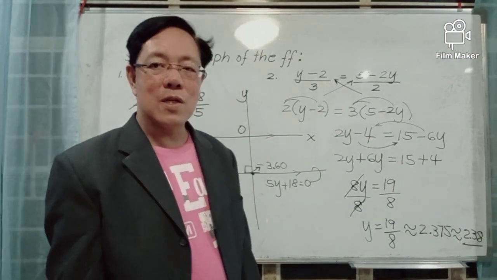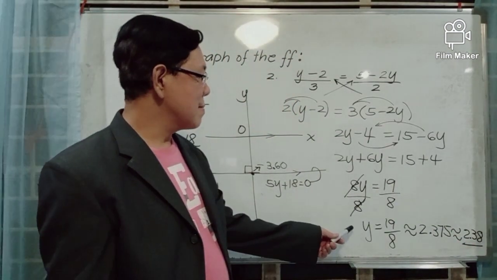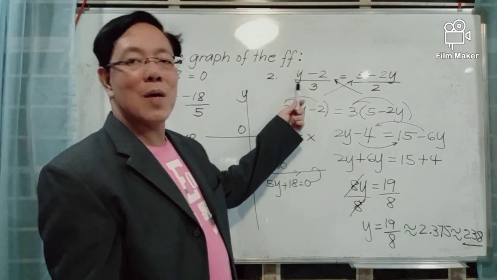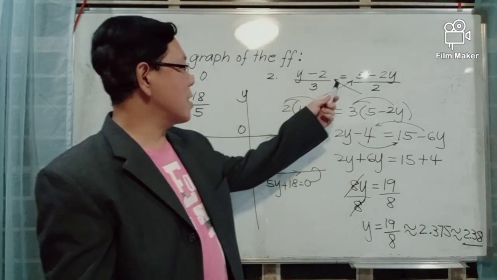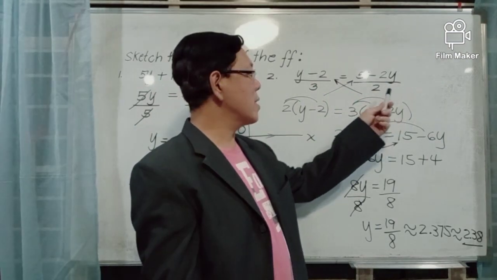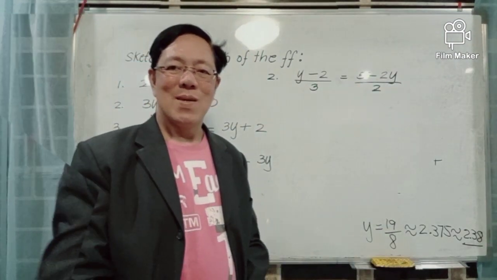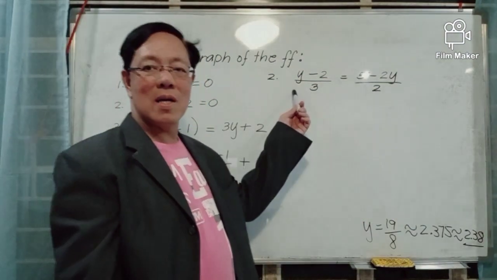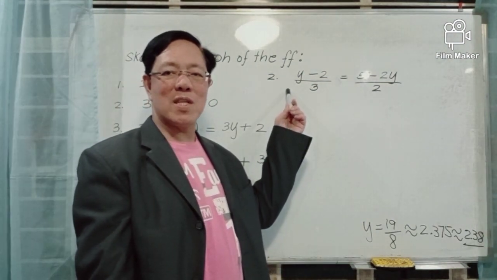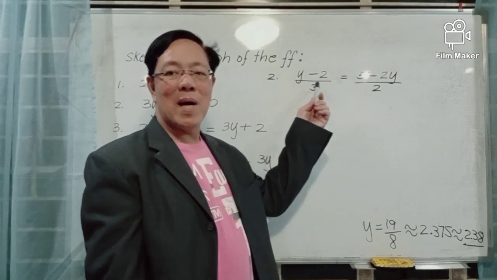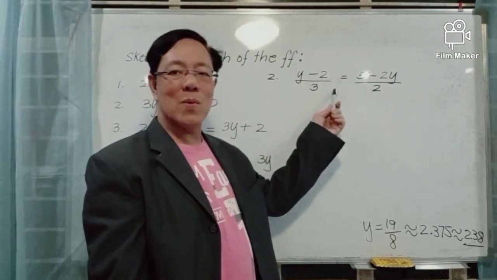Now we will sketch the graph of this linear equation. Y minus 2 over 3 equals 5 minus 2y over 2. We now sketch the graph of the second given linear equation in y.